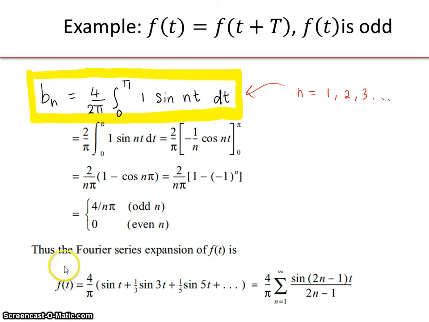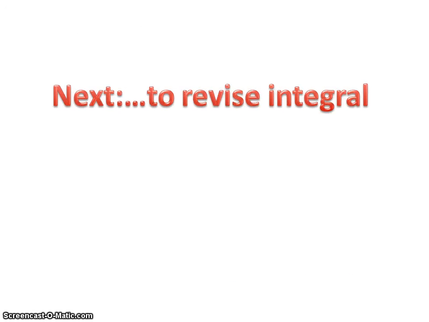After that, we can get the Fourier series expansion of the f(t) by replacing the value of Bn with the summation of Bn sine n omega t. So that's all for this example.